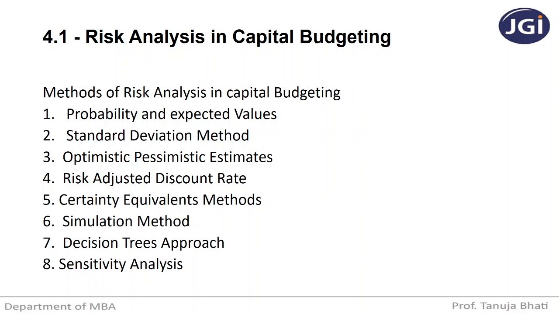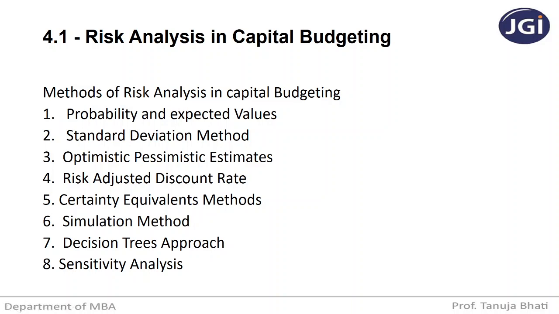But later we will be getting the inflows in the coming years. So the certainty equivalent method will not be considering the discounted rate cash flows, it will be considering the expected cash flows, like what is a certain or expected cash flow. So by this we can analyze the risk.